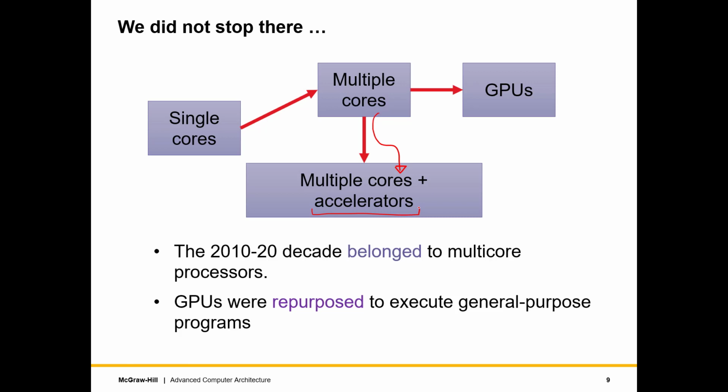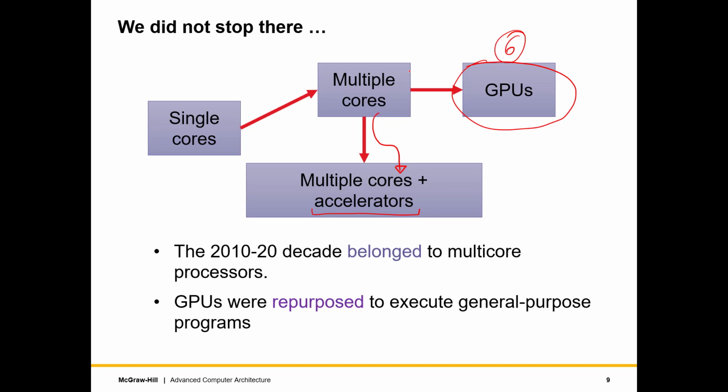So accelerators are for specific jobs. And then a very important subclass of multi-core processors emerged, which took off on its own and had a life of its own, which we will discuss in chapter 6. They are GPUs, or graphics processing units. So the 2010 to 2020 decade belonged to multi-core processors of various hues and colors: regular multi-cores with accelerators or GPUs.